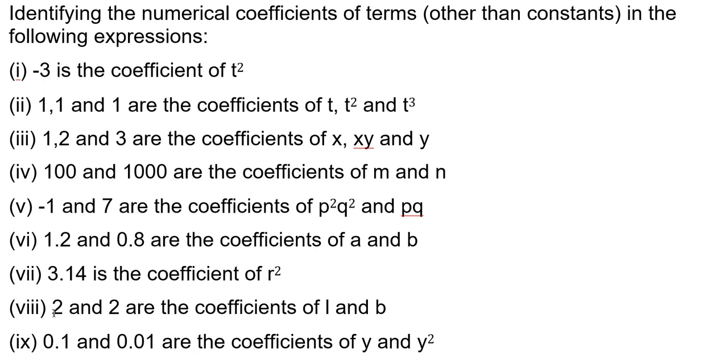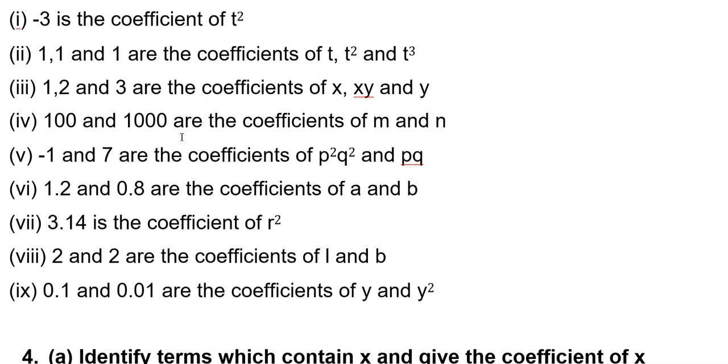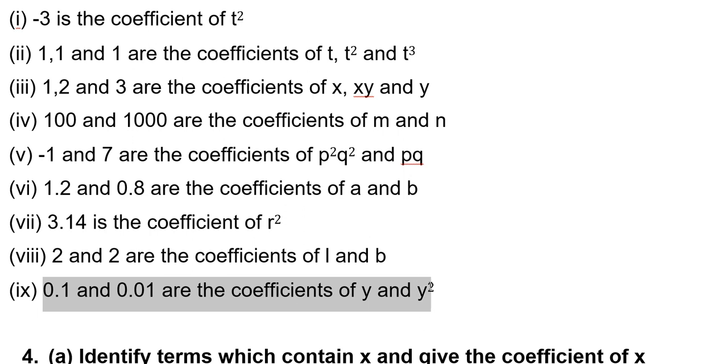So 2 and 2 are the coefficients of L and B. Ninth problem: 0.1y plus 0.01y square. 0.1 and 0.01 are the coefficients of y and y square.